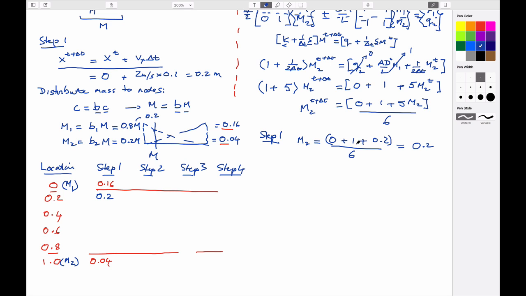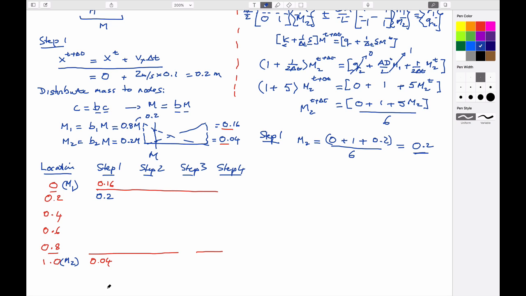Right? Yeah, 1.2 over 6 is the same as 12 over 60, which is 0.2. And so this magnitude now is 0.2, and that would be the solution at node number 2. So this is the solution at time step 1 after it's diffused, of a concentration or a mass of 0.2. Okay? So that's the solution.